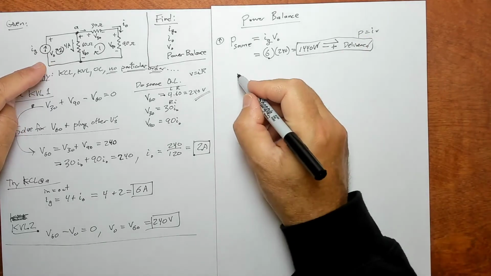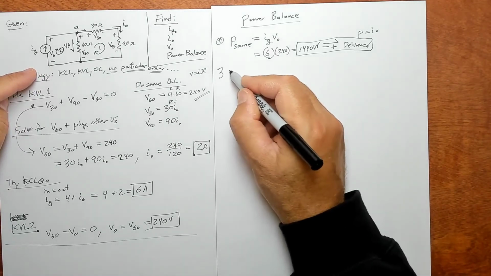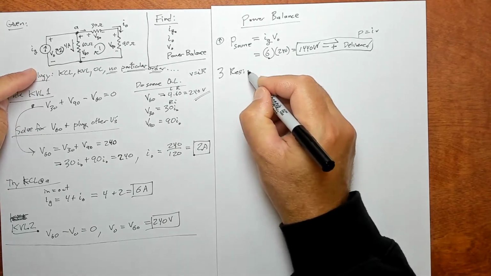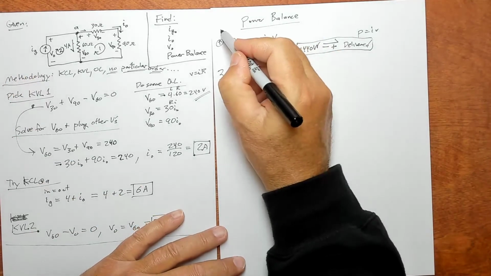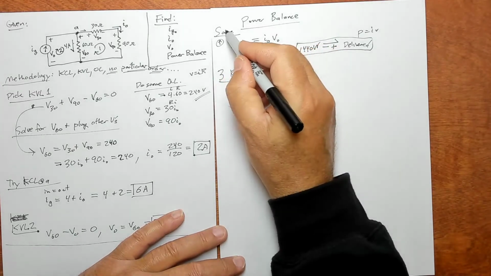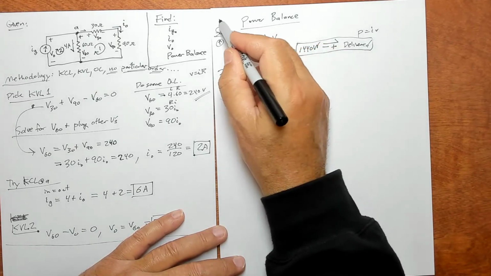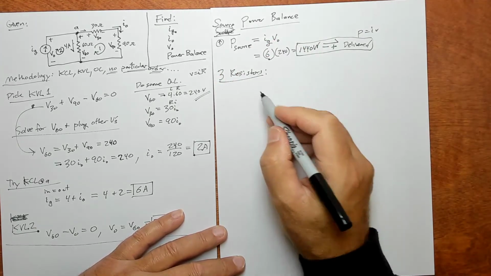All right. Then the 3 loads, 3 resistors, which are always loads. We did the source. Then the three resistors.